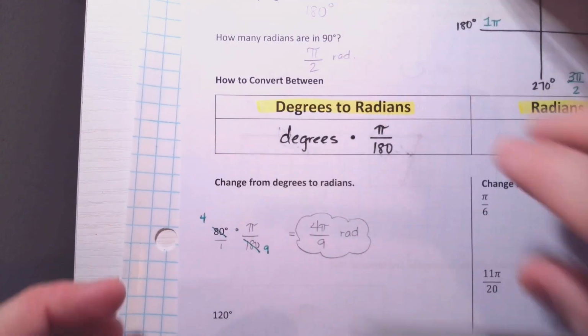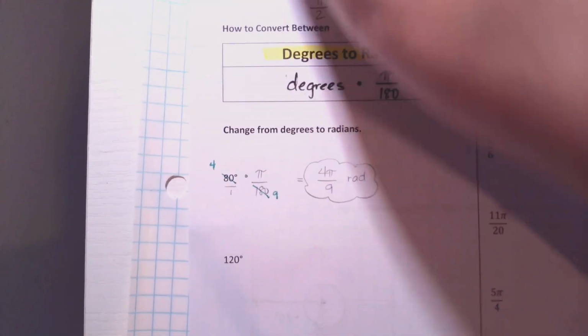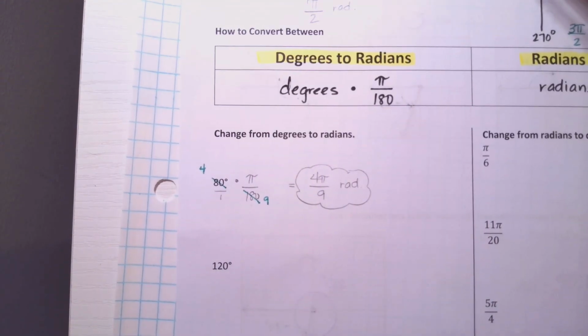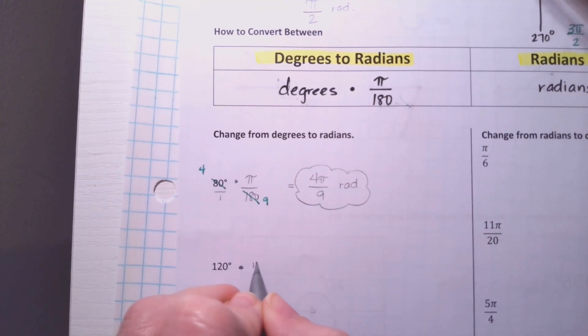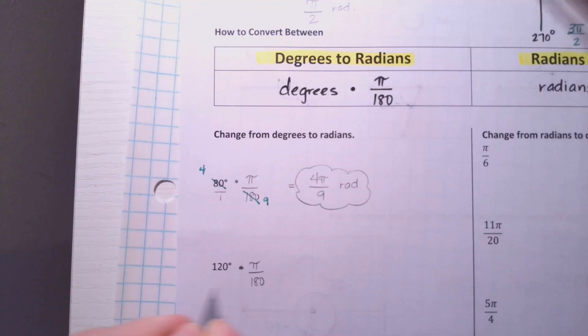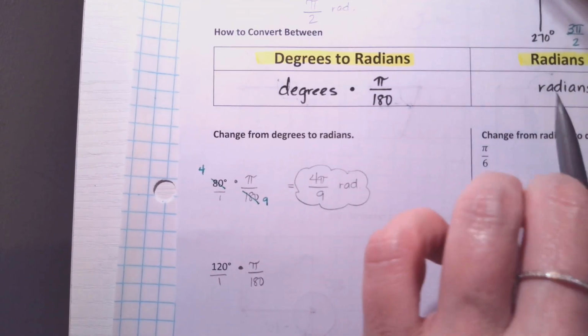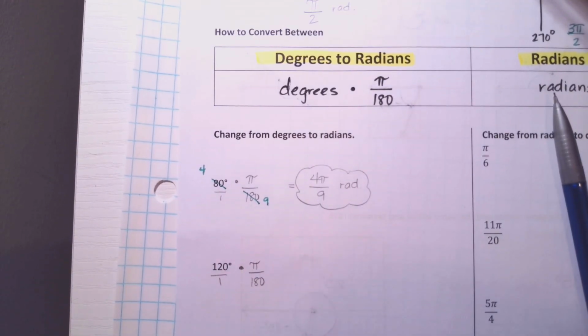For the second one we have 120 degrees that we're converting to radians. Again, I'm going to multiply by pi over 180. I'm going to put the 120 over 1 just to make it a fraction, and then I'm going to look diagonally and see if anything will reduce. And it does.